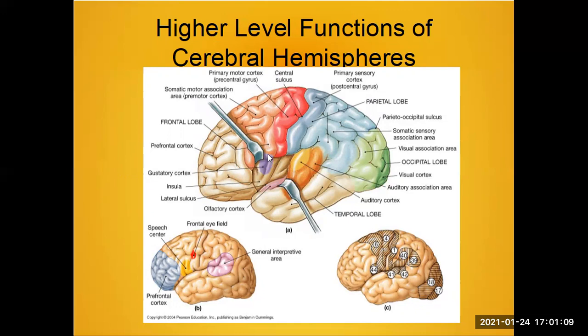Also you can see the most important lobes of the cerebral hemisphere: frontal lobe, parietal lobe, occipital lobe, temporal lobe. Also, you can see the insula and limbic lobe.